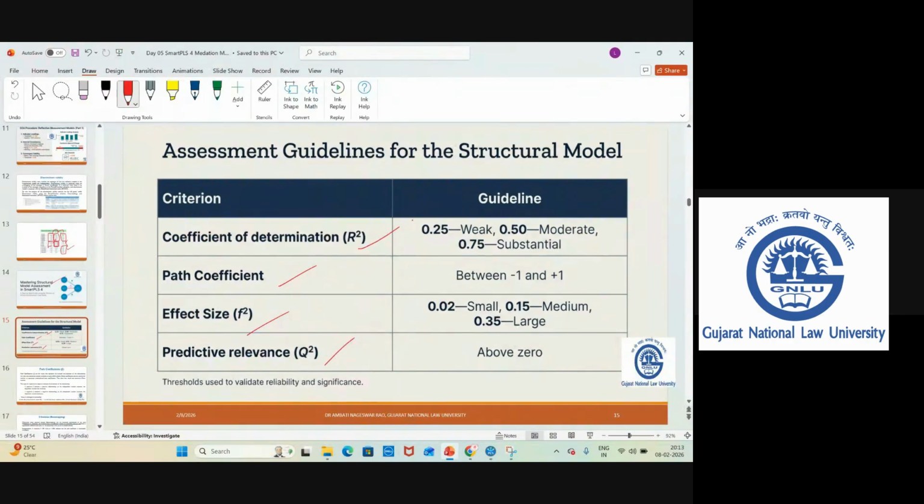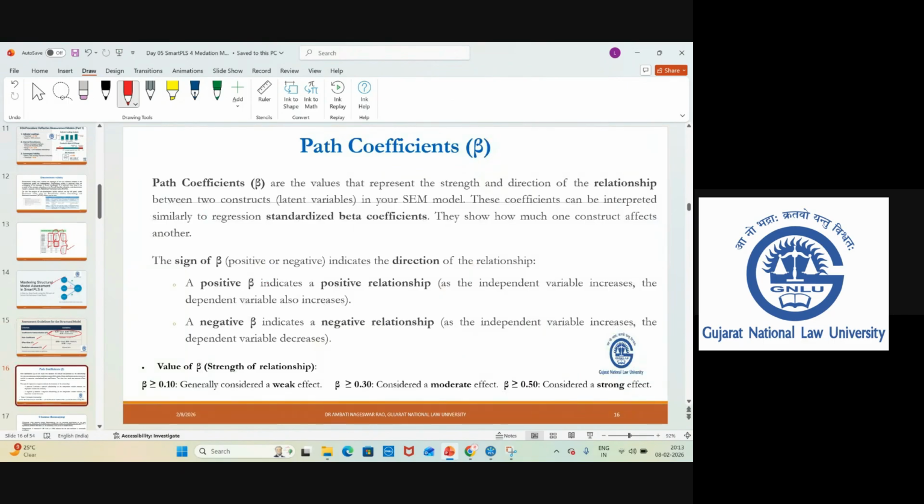While doing the analysis and interpretation part, I'll come to that. We already discussed yesterday in the previous class.